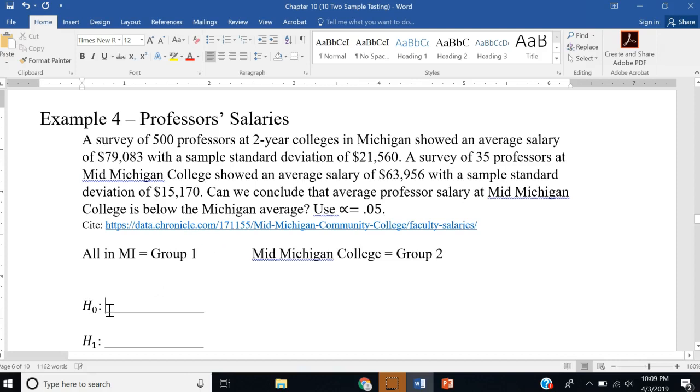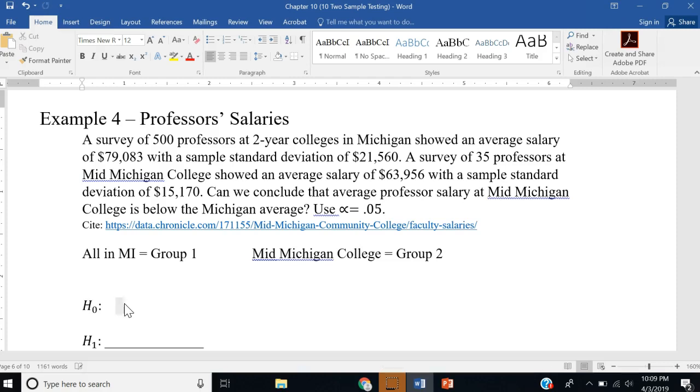So, null hypothesis. Can we conclude that the average professor salary at Mid-Michigan College is below the Michigan average? So, all in Michigan versus Mid-Michigan College. So this college versus everybody in Michigan. Can we conclude that they're below the state average, it should say?